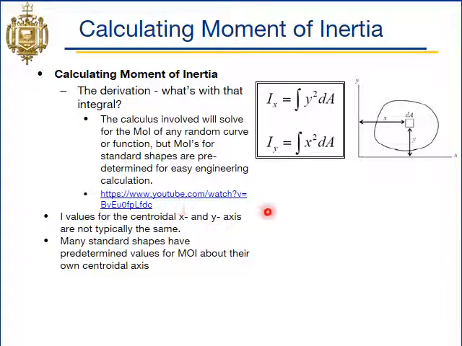Luckily for us, someone's done this integration hundreds of times, and they have come up with predetermined values for moment of inertia for simple shapes. And the key here is these predetermined values are about each shape's own centroidal axis. So the table on the next slide is going to show us some predetermined values for moment of inertia for some simple shapes about their own centroidal axis.